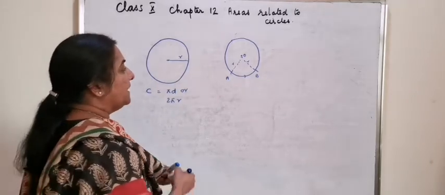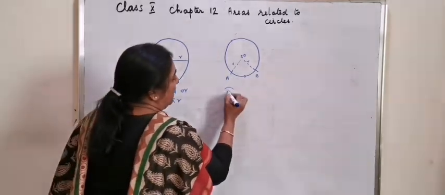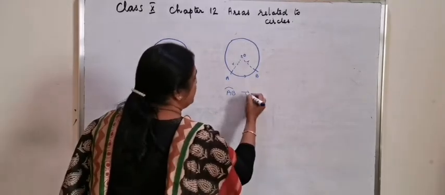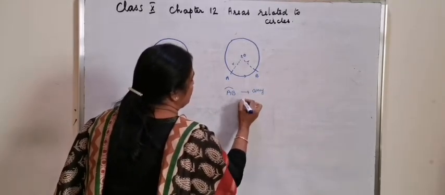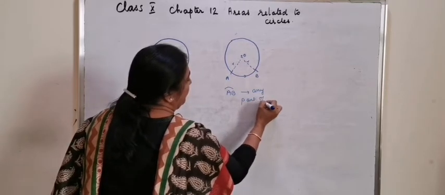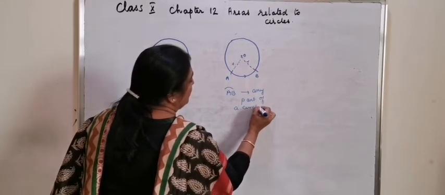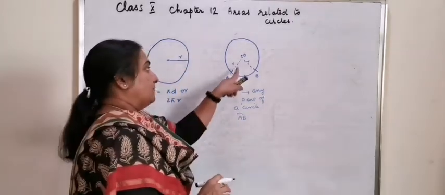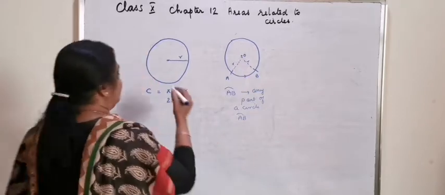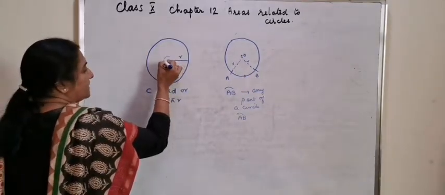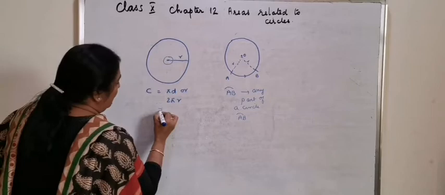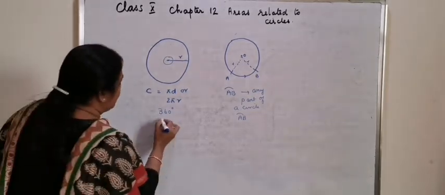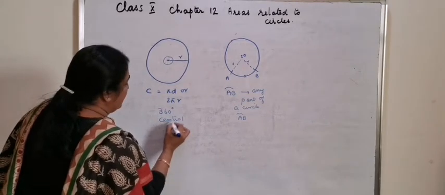And now in this figure, if you see arc AB, the definition of arc AB is any part of a circle will represent an arc. If you check in the figure, the full circle makes an angle of 360 degree at the center of the circle, and we call it a central angle.